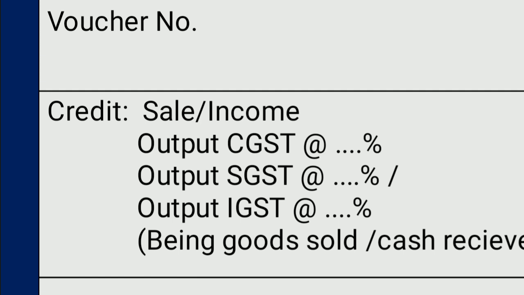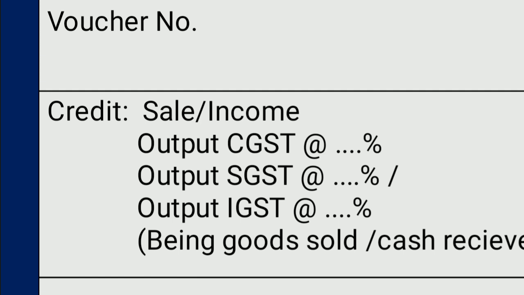Just remember, each and every time you sell goods, our GST will count as output, or at the time of buying goods our GST input will be written there. So we write sales income, and along with that we clearly mention our output CGST, output SGST. If CGST is there, then along with the CGST there will be SGST, or IGST, that is another term.